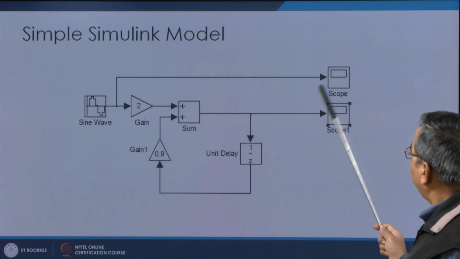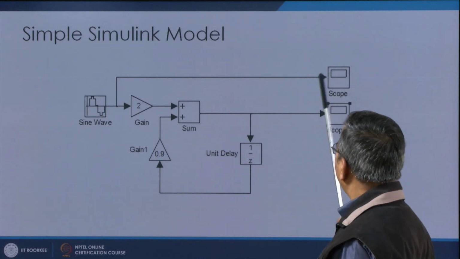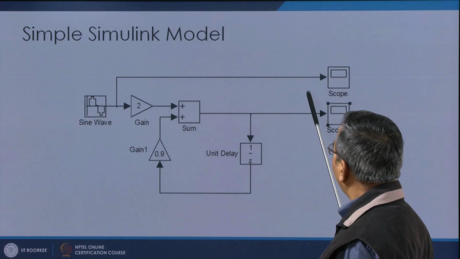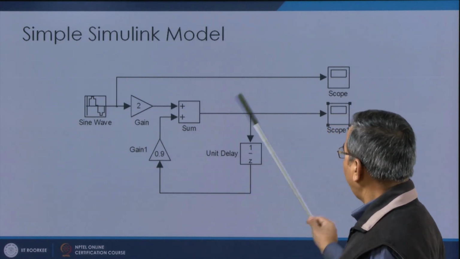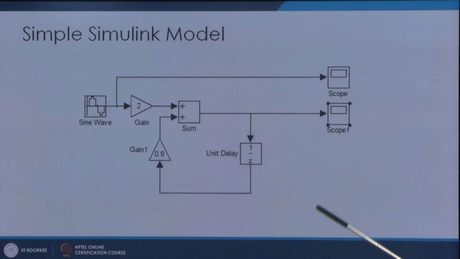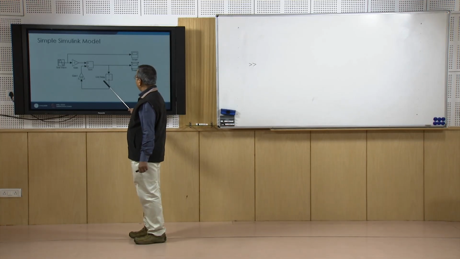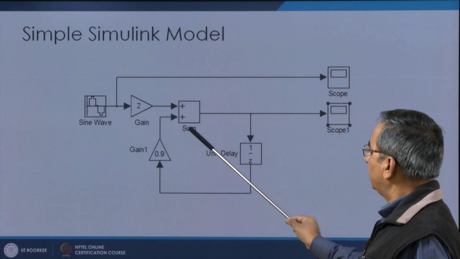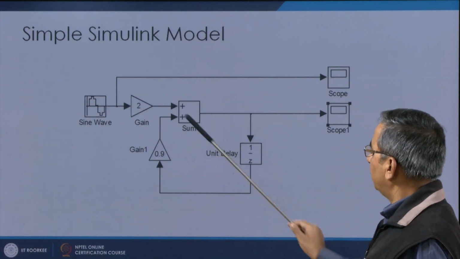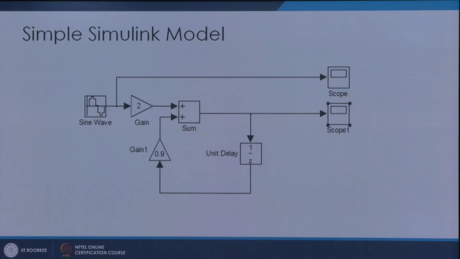Like this, in all Simulink models there will be scopes, sinks and sources, and then various linear and non-linear elements. Here there is a unit delay, some gains, and some summation of these signals.